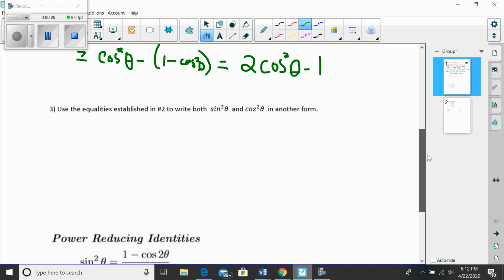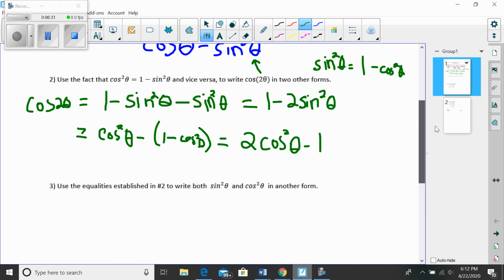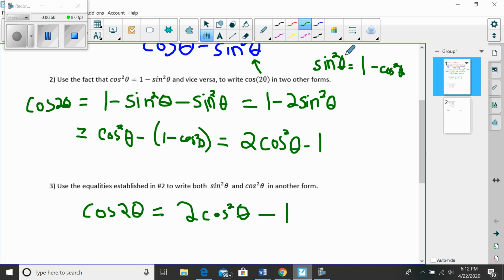If you don't go to Calc 2, you'll probably never see this again. But if I wanted to, say, rewrite cosine squared theta, right? So I know that cosine 2 theta is equal to 2 cosine squared theta minus 1. If I want to, then I can solve for cosine squared theta. All right, so what does that look like? That would look like adding a 1 on both sides, right?